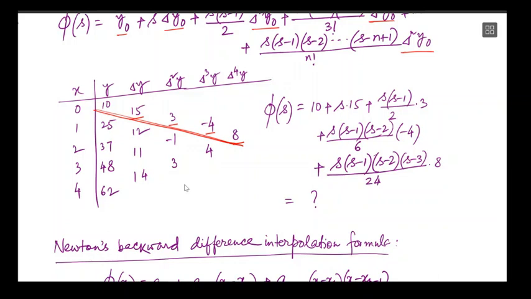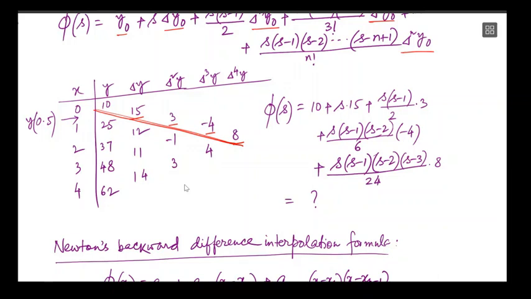Suppose here the y values are known at the points x0 equal to 0, x1 equal to 1, x2 equal to 2, x3 equal to 3 and x4 equal to 4, and if I have been asked to find the value of y at the point 0.5, that is near the beginning of the table, then we will use Newton's forward difference formula.